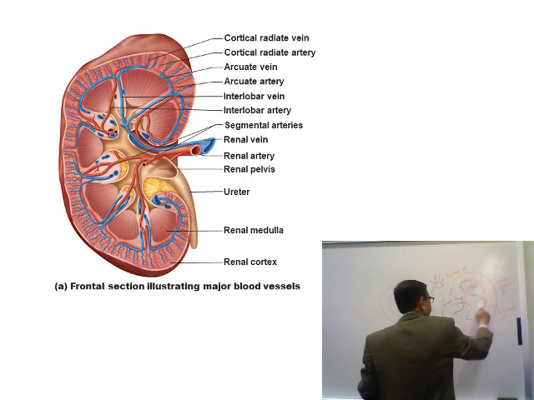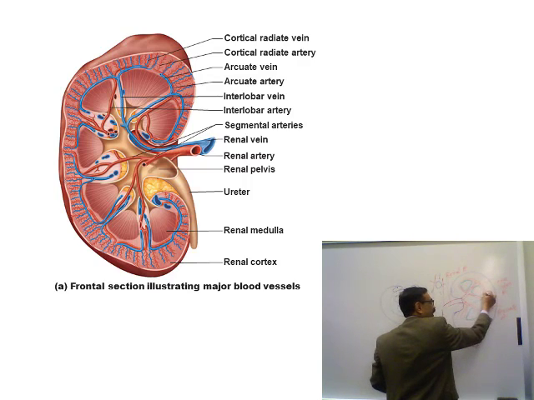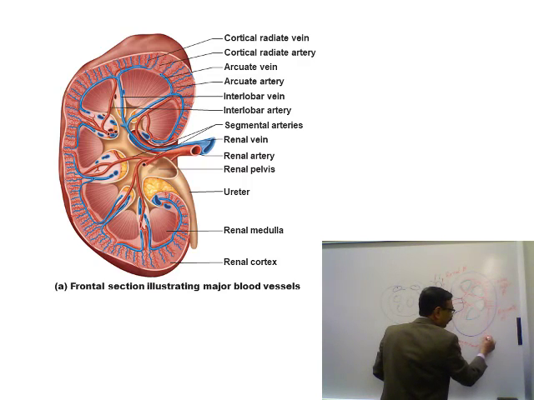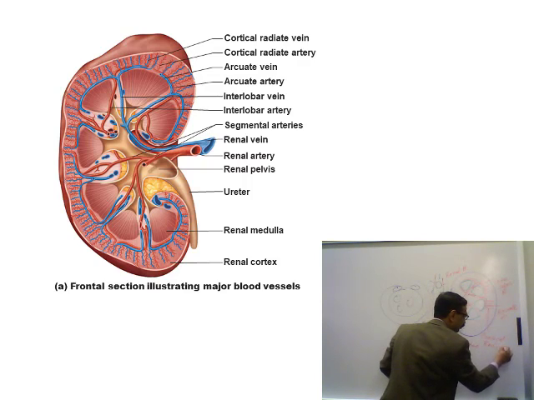From the arcuate arteries, small arteries arise like this. Again, right angle. You see, from arcuate, right angle. And these are called cortical radiate arteries.